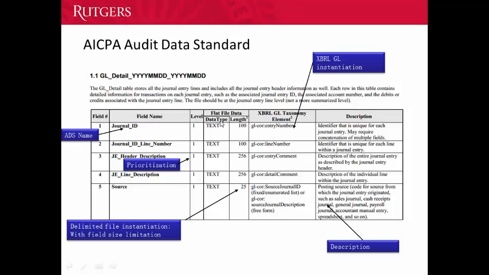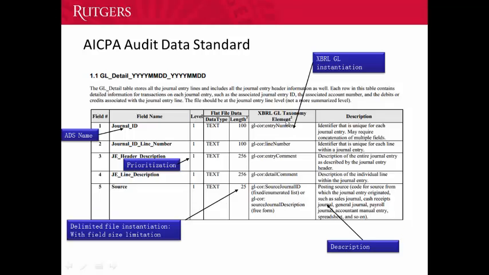As I mentioned before, the items in GL ADS might have either the flat file data format or XBRL GL format. If it's in flat file data format, here provides data type and length.